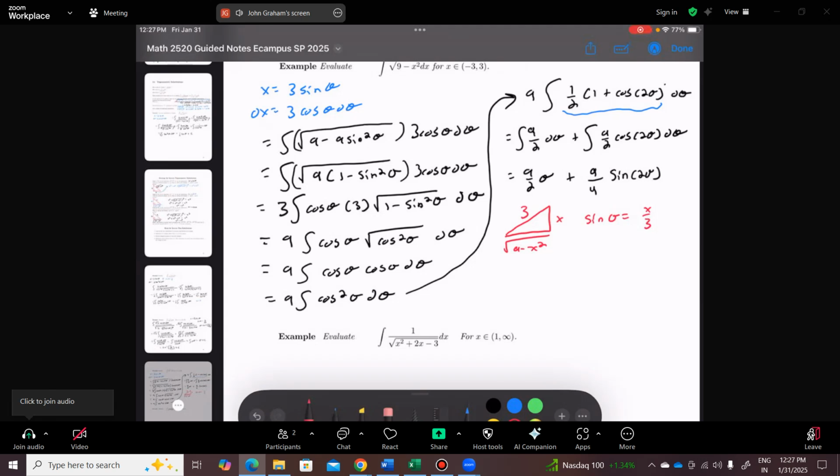So inverse sine of x over 3 is equal to theta. And so that gives us, instead of 9/2 theta, we have 9/2 inverse sine of x over 3.